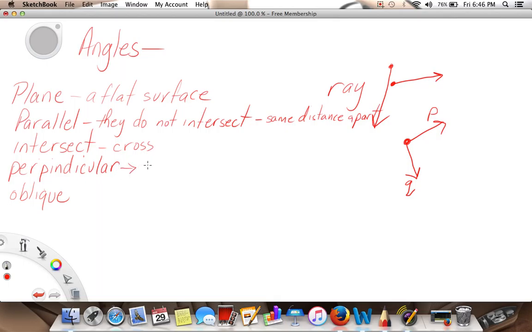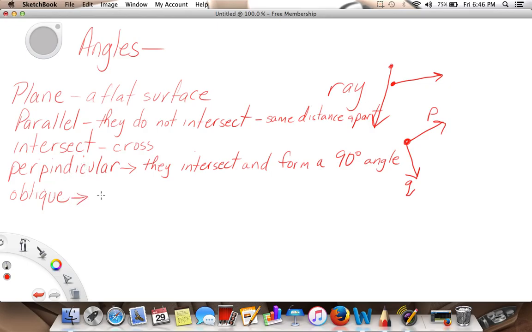And then perpendicular means that when two things are perpendicular, they intersect and form a 90-degree angle. Okay? Now, for this last word, if lines intersect at a point but are not perpendicular, then the lines are oblique.